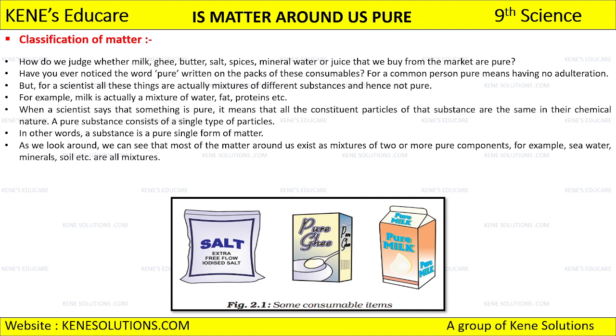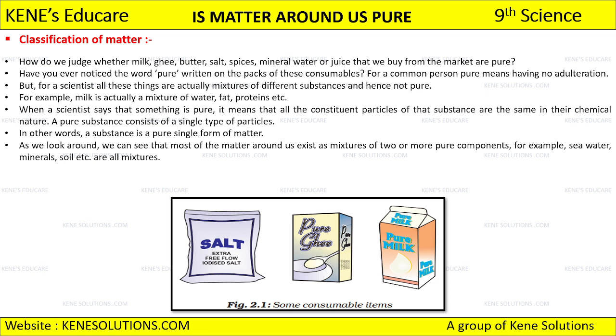So now we have started this lesson, is matter around us pure, by starting the discussion with respect to classification of matter, right? And here we have studied that any of the product that we get in the market stating as pure is not actually pure. Now the meaning of pure with respect to scientists is that all the particles in that product consist of only a single type of particle.